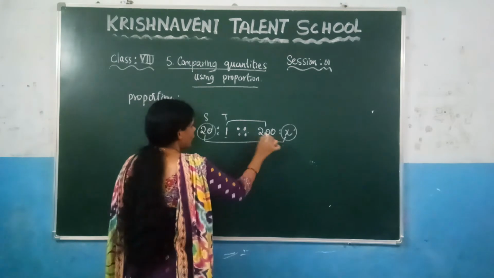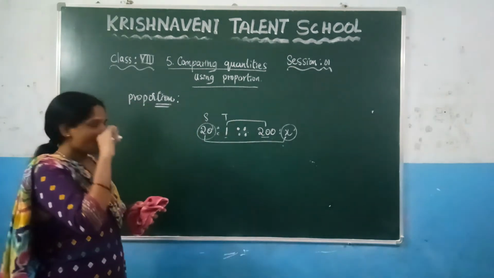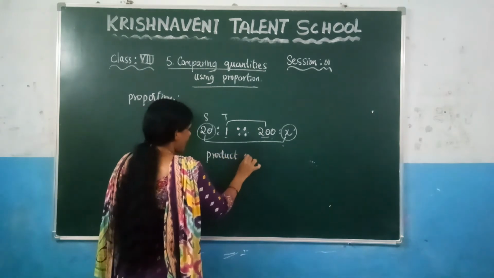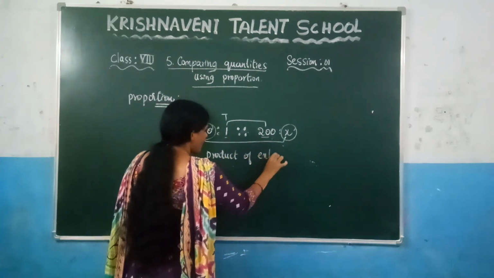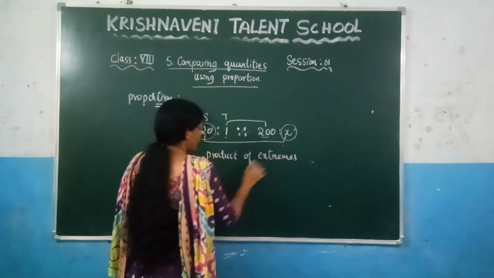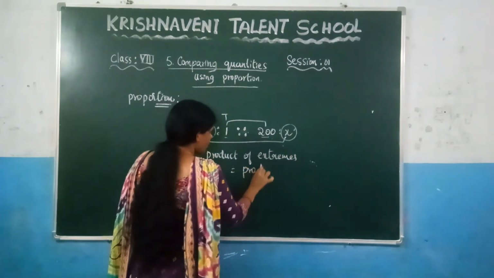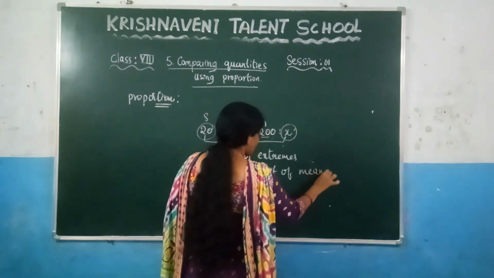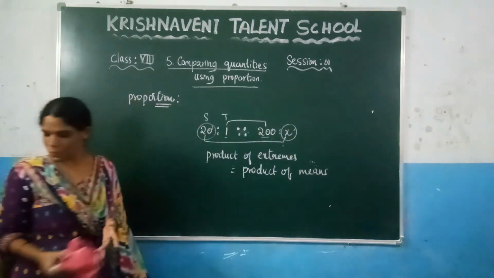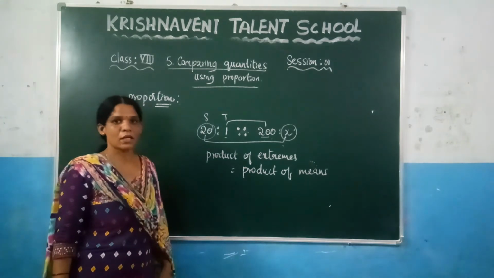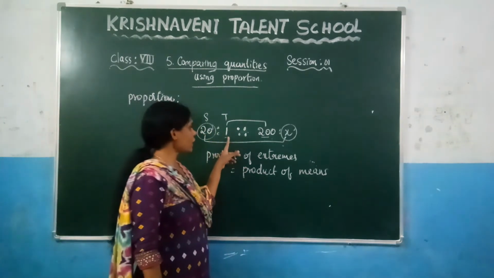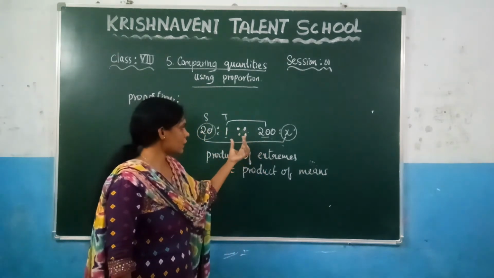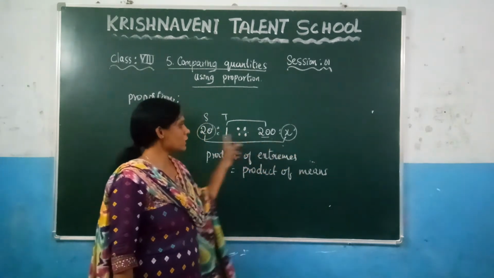And 1 and 200 we call the means. The product of the extremes is equal to the product of the means. This is possible if the two ratios are in proportion. Here this one and 200, these numbers that are lying inside, we call them the means. These are the extremes.